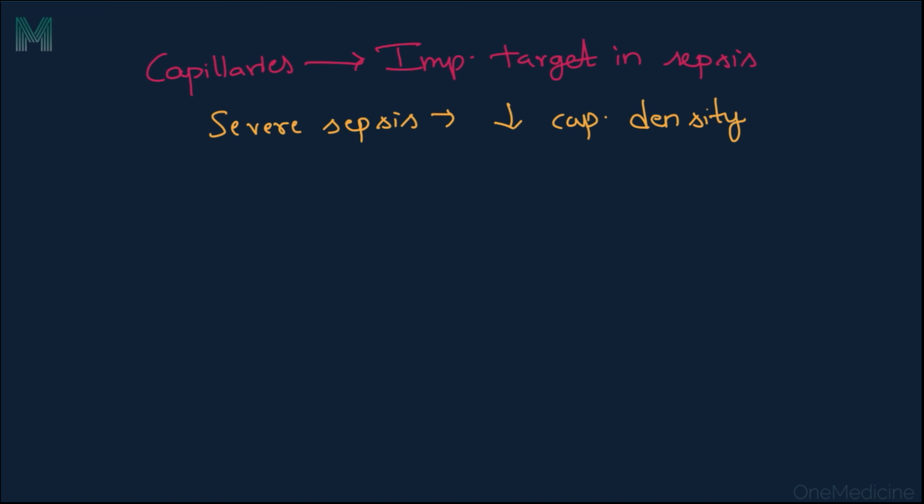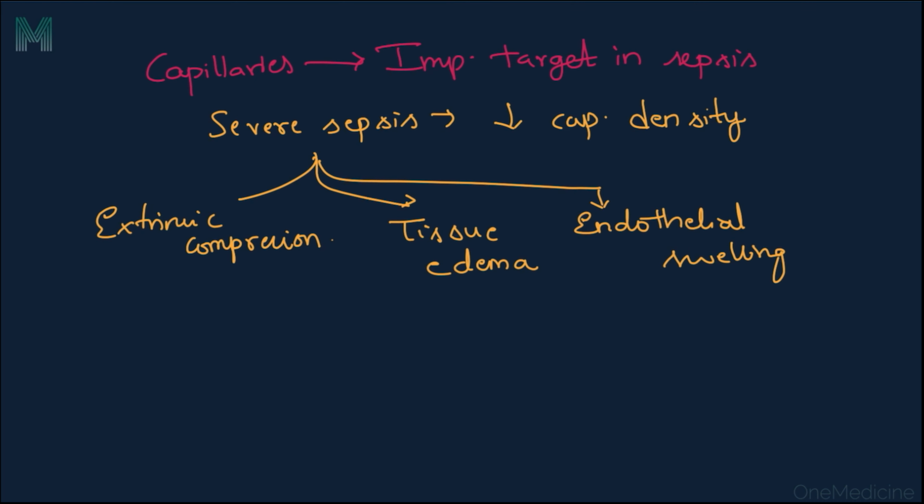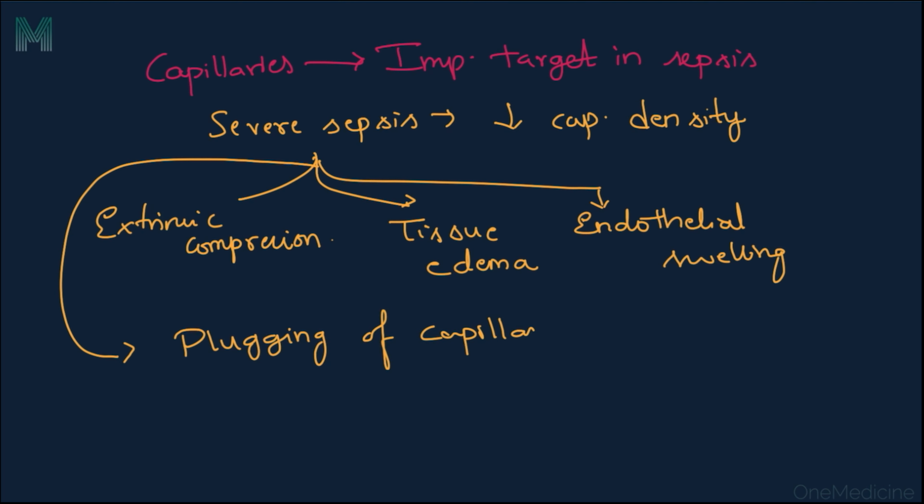This might be due to many reasons, the first one being extrinsic compression due to tissue edema, due to endothelial swelling, and plugging of the capillary lumen by leukocytes or red blood cells.